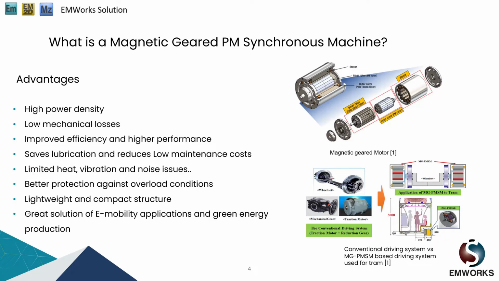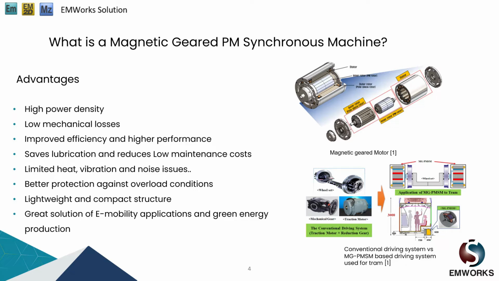This helps to reduce the heat and the friction losses caused by contact. If we had a mechanical gear, we would have higher friction losses and significant heat generated because of those losses.